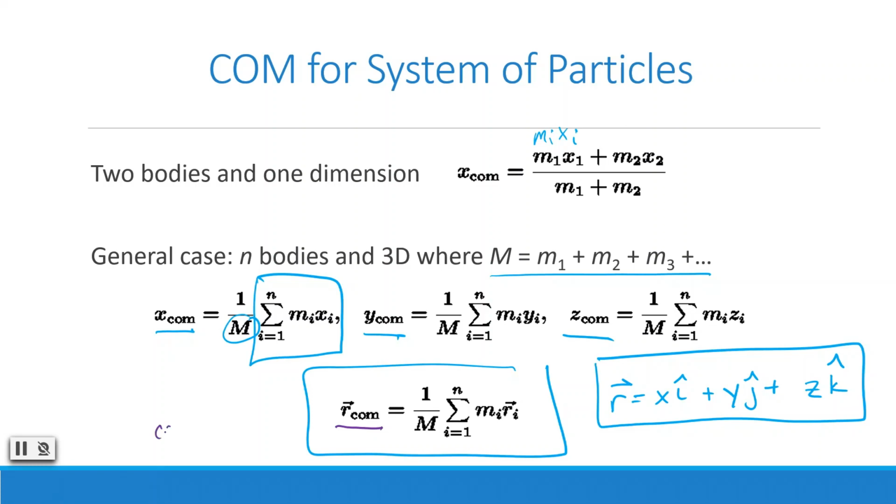Sometimes I do CM, so you can do COM or CM for the center of mass. It just depends on the mood I'm in. CM is shorter, so I usually do that more often. But the position of the center of mass in 3 dimensions would be XCOM, YCOM, ZCOM. So you can take those formulas or represent it all in unit vector notation.